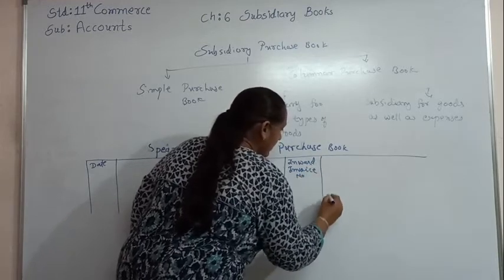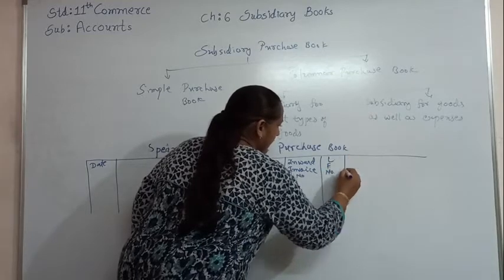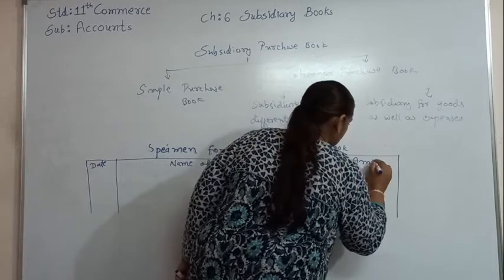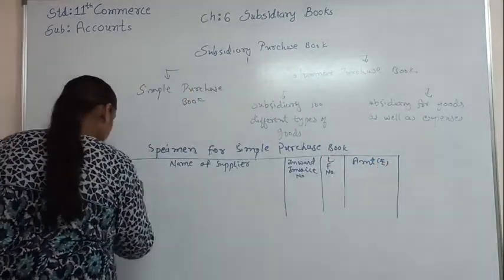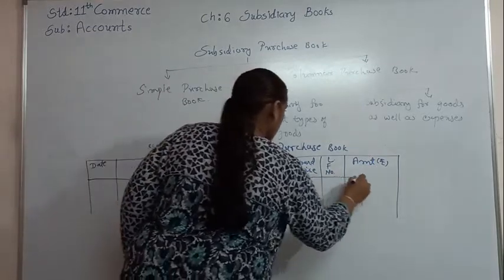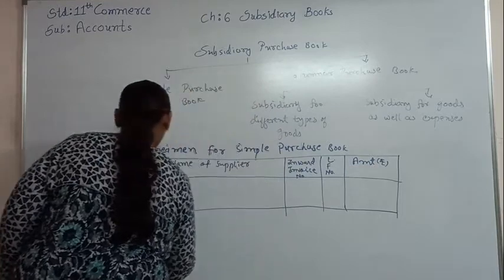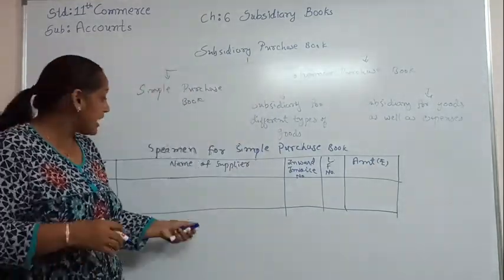The next column will be ledger folio number, and the last column will be for the amount. So these are the columns that we are going to prepare in a simple purchase book.